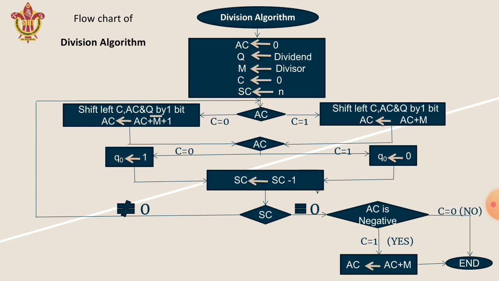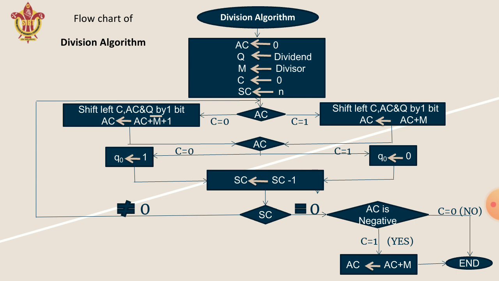It's the 2's complement of M. After that, if the value of C is equal to 1, then perform the operation shift left C, AC and Q by 1 bit and perform the operation AC plus M after shifting. And after that, in both operations, whether C equal to 0 or C equal to 1, after that again check the value of AC.